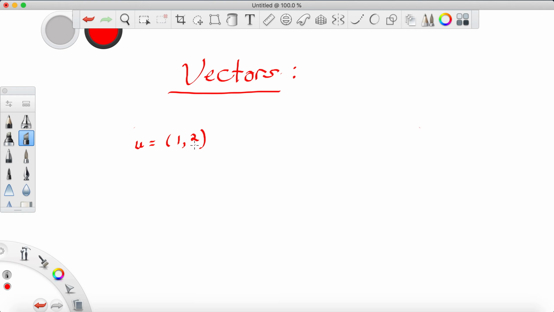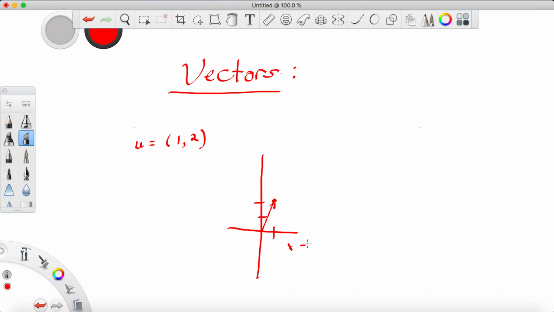So 1 and 2, this is an algebraic formula, and geometrically it would correspond to position 1, 2, right? Heading in that direction. So there's this point 1, 2.